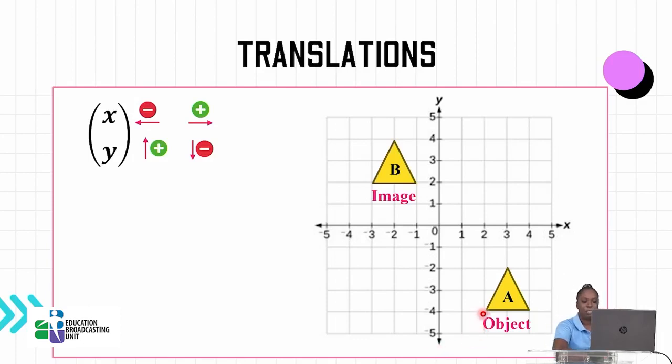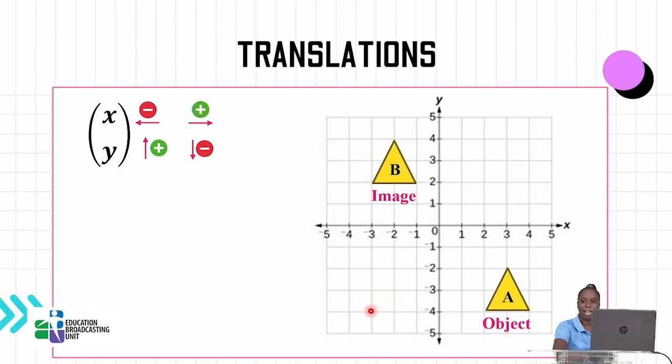So what we would need to do is to select a point, any point on the triangle, for example. And we're going to count spaces. 1, 2, 3, 4, 5.